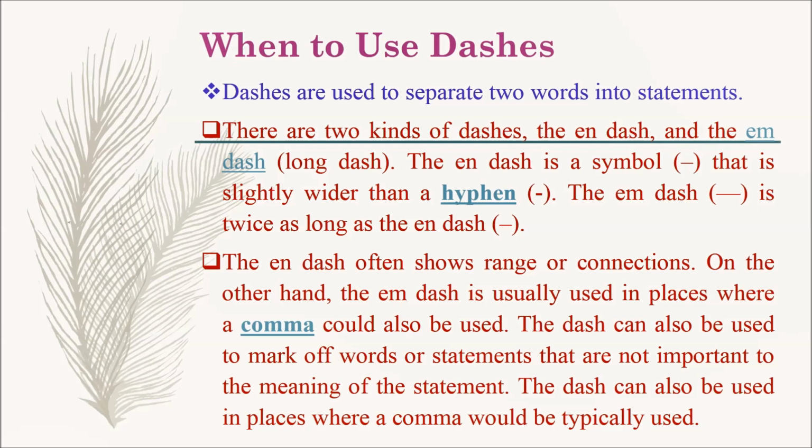The N dash shows range or connections, whereas the M dash is used in places where a comma could also be used. The dash can be used to mark off words or statements that are not important to the meaning of the statement. Then the dash can also be used in places where a comma would be typically used.